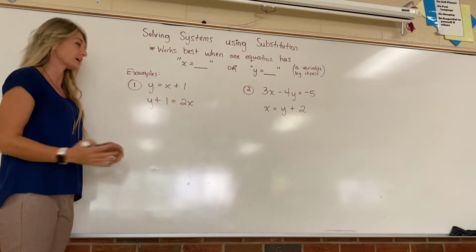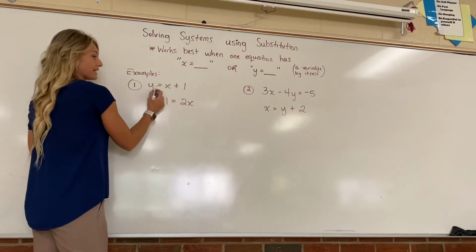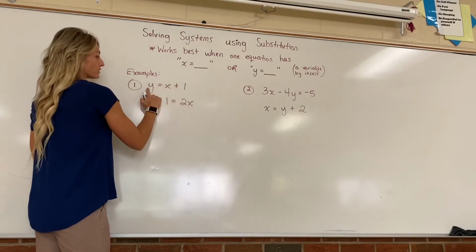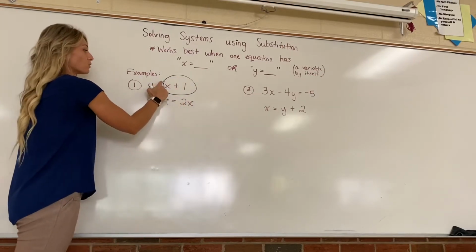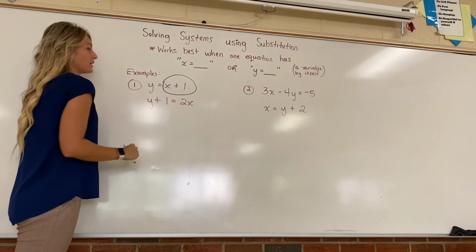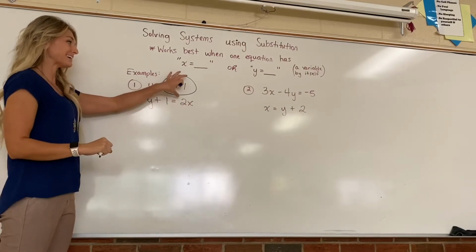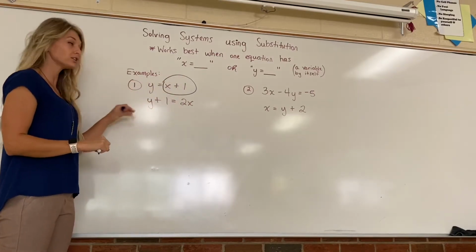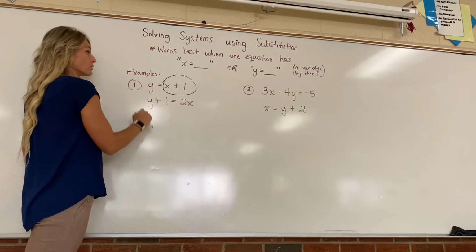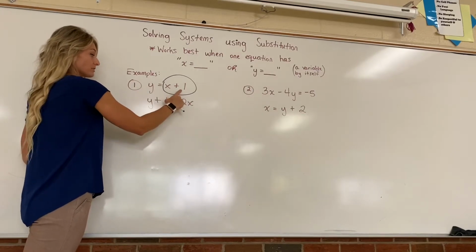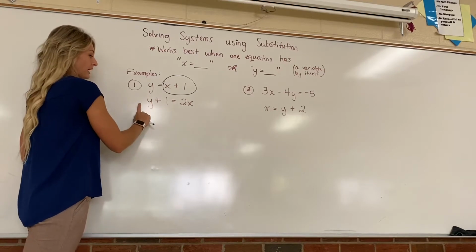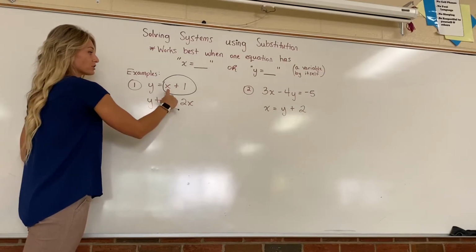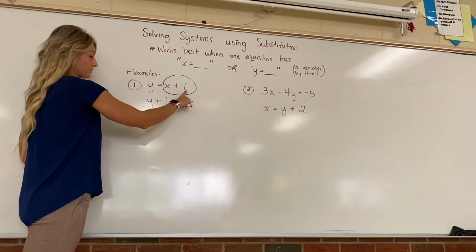Well, how do you do that? You're going to take whatever it's equal to, so y equals all of this right there, and you're going to plug that into the other equation for that variable. So it's y equals this. In the other equation, wherever you have a y, you're going to plug that in for it, okay?